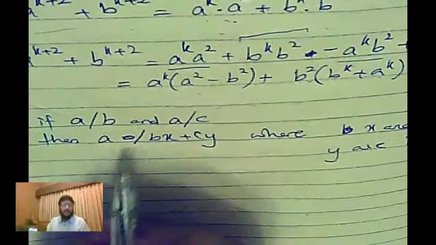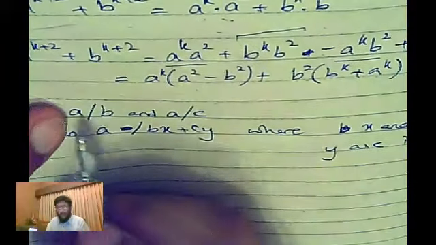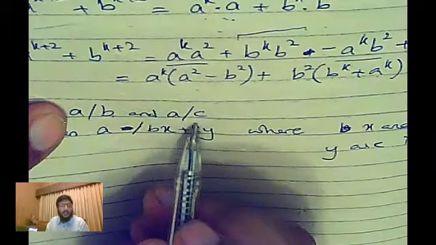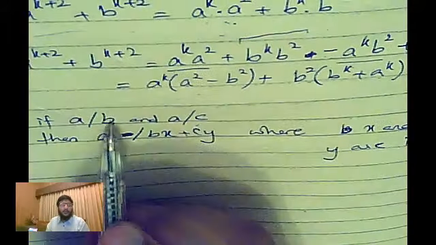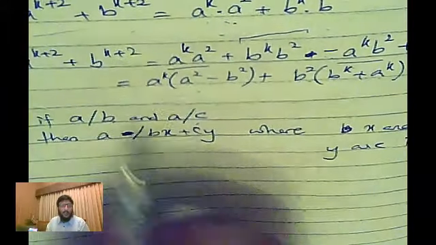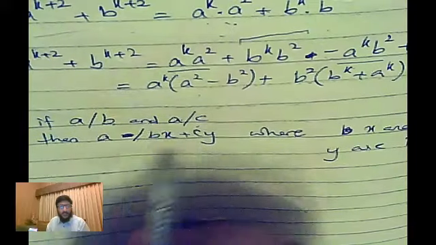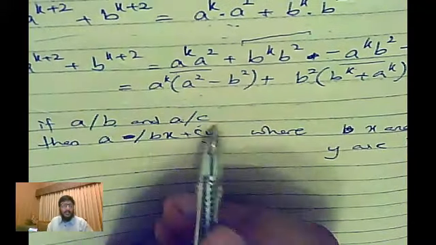This is another theorem that says that if a number divides a number, and the same number divides another number, then if we multiply the second numbers by x and y respectively and add them, the first number a divides the sum bx plus cy.